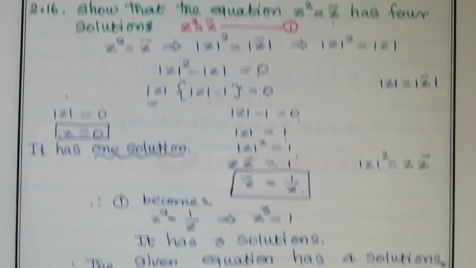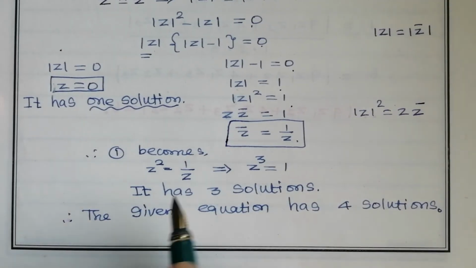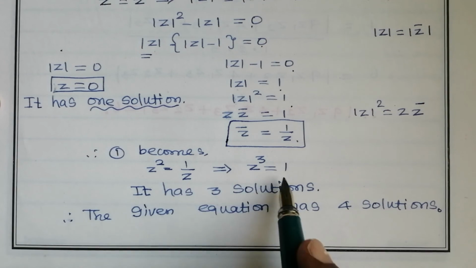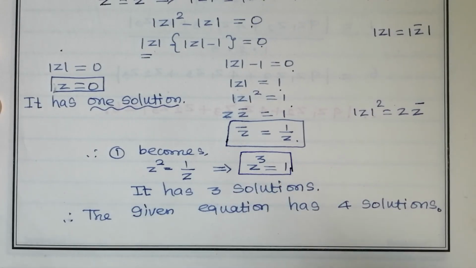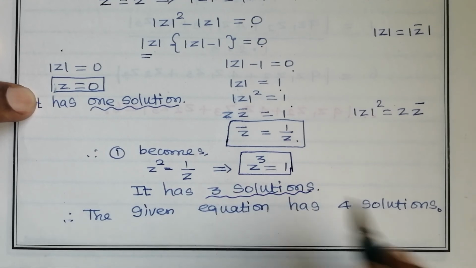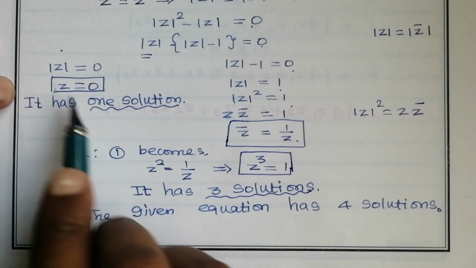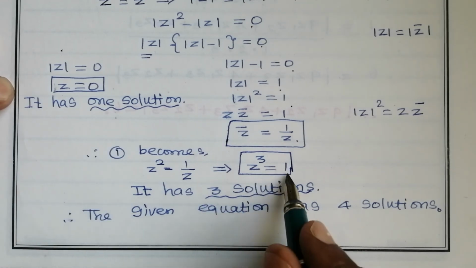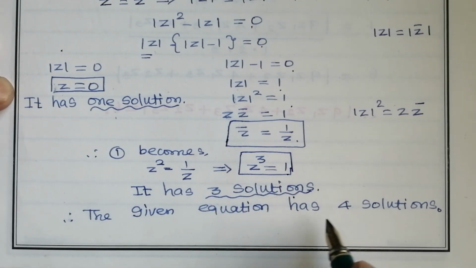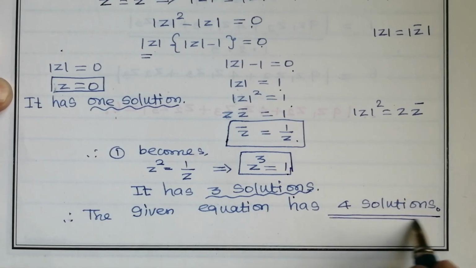We get Z square equals 1 by Z, which implies Z cube is equal to 1. It is a cubic equation, so it has 3 solutions. Already Z equals 0 is one solution, and Z cube equals 1 has 3 solutions. Totally the given equation has 4 solutions.